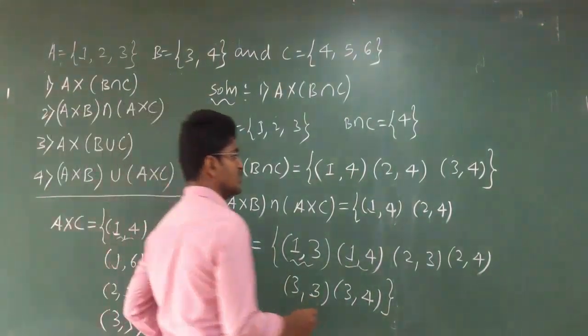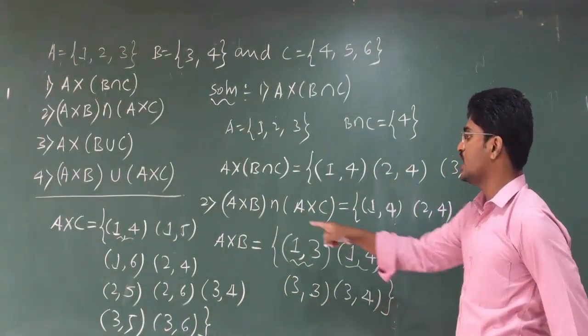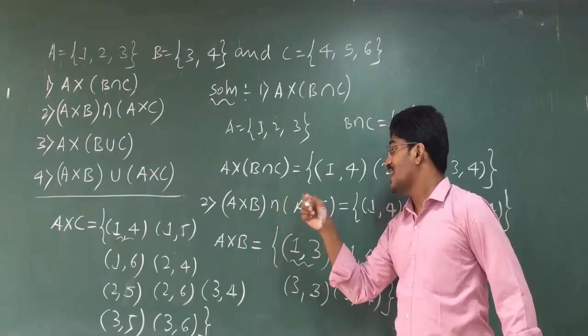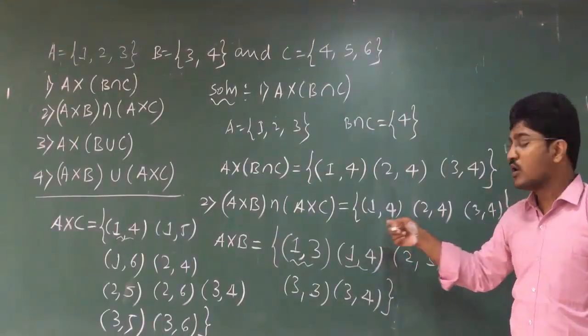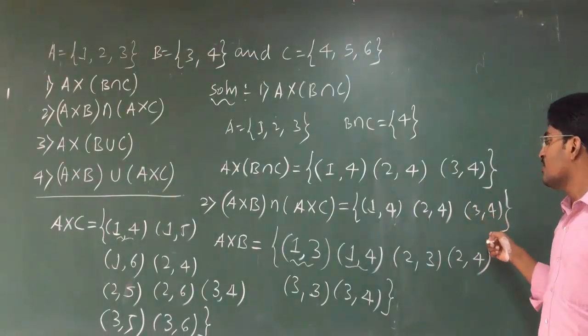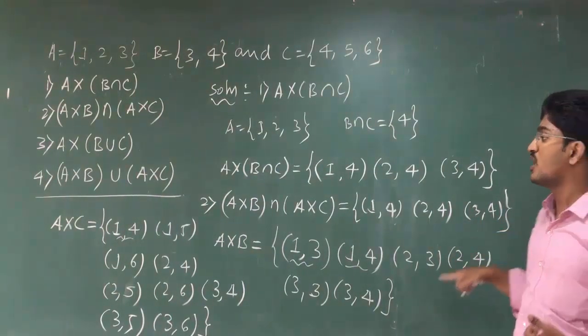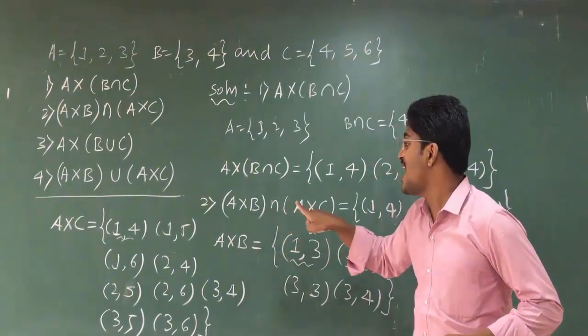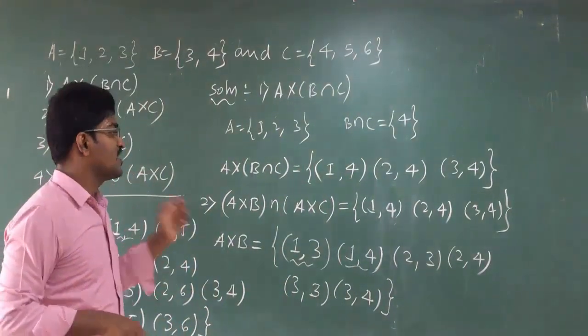So see here A cross B intersection A cross C is 1, 4, 2, 4, 3, 4. These are the 3 elements which are common for A cross B and A cross C. That is what we are calculating.